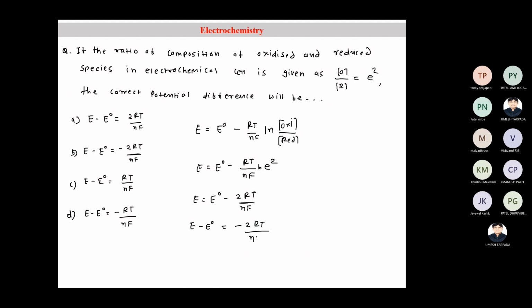Now which option is correct? B. So B is the correct one.